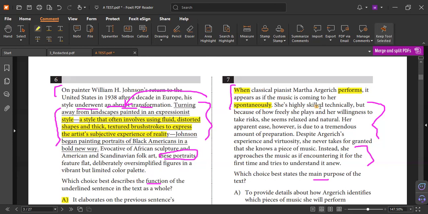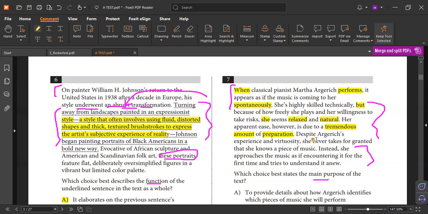Okay. She is highly skilled technically, but because of how freely she plays and her willingness to take risks, she seems relaxed and natural. So remember, all the ideas focus on her. Her apparent ease is because of a tremendous amount of preparation.